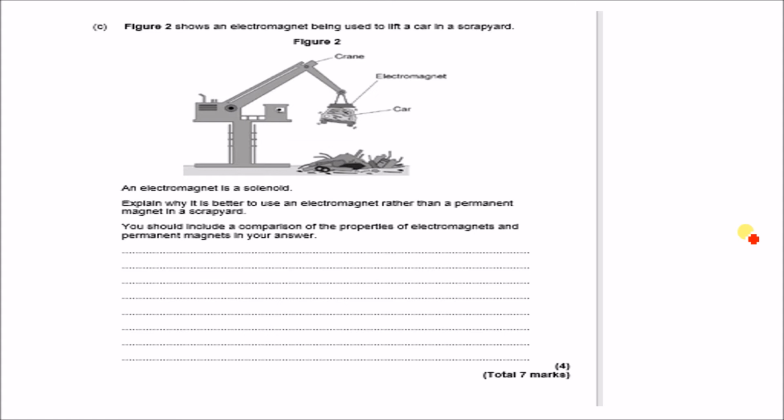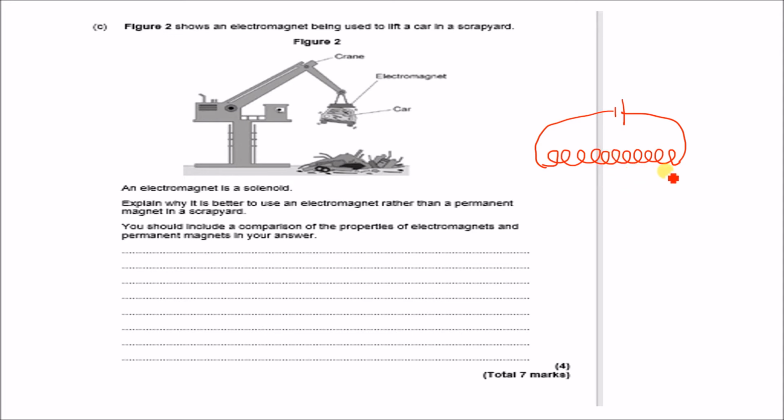Right, the next question is about a crane, which is an electromagnet. So it shows an electromagnet being used to lift a car in a scrapyard. An electromagnet is basically a solenoid, so it's one of those coils of wire that we've discussed. So a coil of wire like so, connected to some kind of source with a positive and a negative, is called an electromagnet.